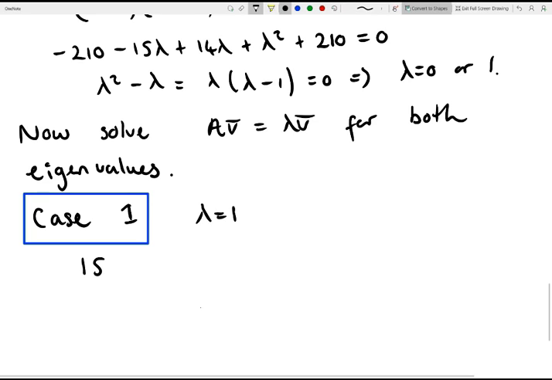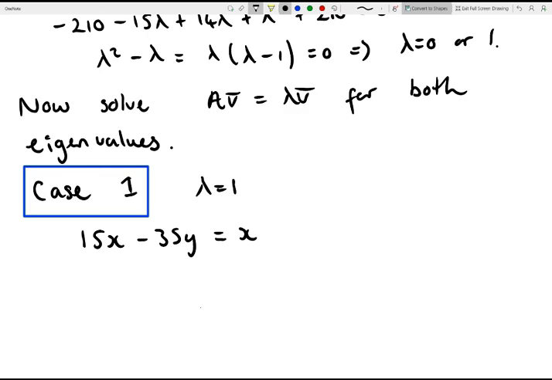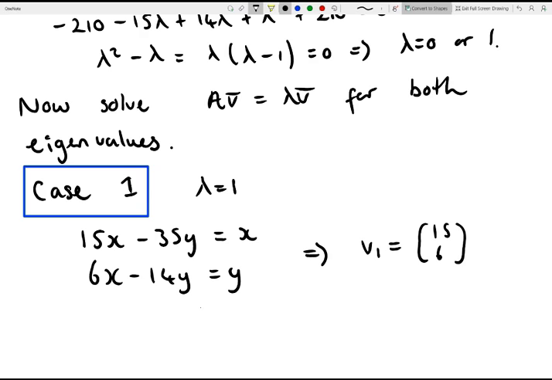We have 15x minus 35y equals x. This is just multiplying out the eigenvector equation. 6x minus 14y equals y, which implies that our first eigenvector is (15, 6). This is because setting x to be 15 and y to be 6 would solve both of them.